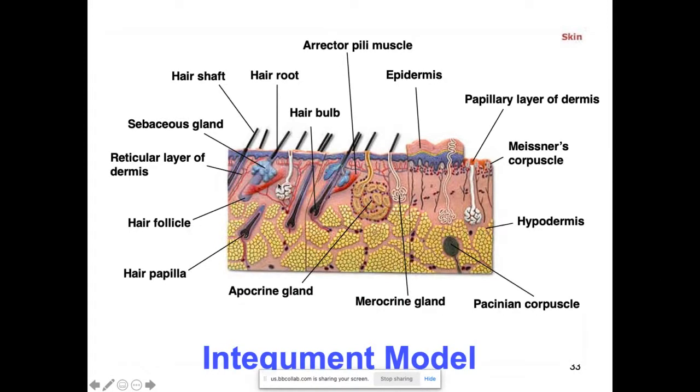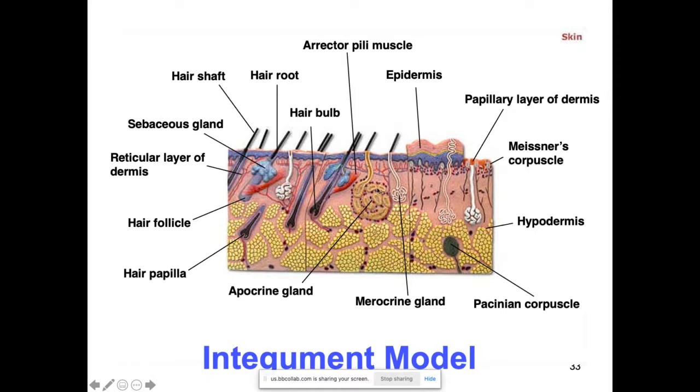Again, just another model of the skin, but you can see the same structures, right? Down below, all the yellow is fat. Those are your fat cells or adipocytes. There's your lamellated corpuscle, your Pacinian corpuscle for deep pressure. Here is your sweat gland and your sweat pore coming up here.